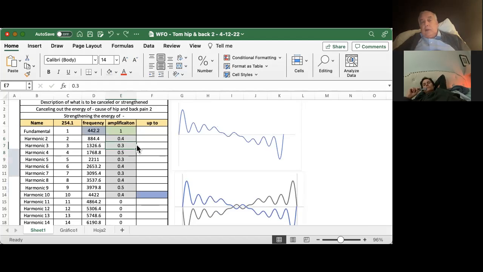So what you do is you test for 0 point something because the harmonic is typically going to be some percentage of the strength of the fundamental. So 0.4 would be like 40% as strong. 0.3, 30% as strong. 0.5, and so on, right? Now, in the higher harmonics, if I put, for example, the seventh harmonic at 0.8, watch what happens to the waveform.